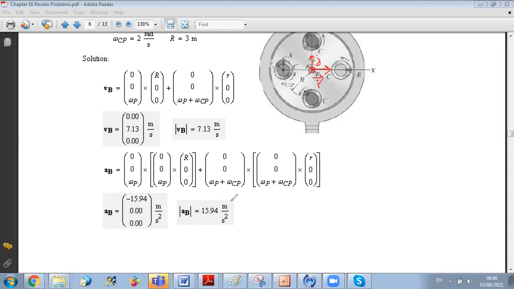we have acceleration of B is equal to, first, what is the point of the rotating axis that we will relate B to?